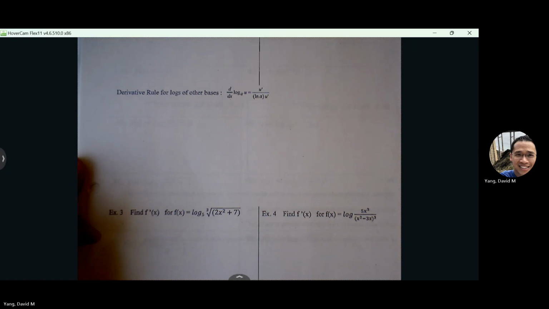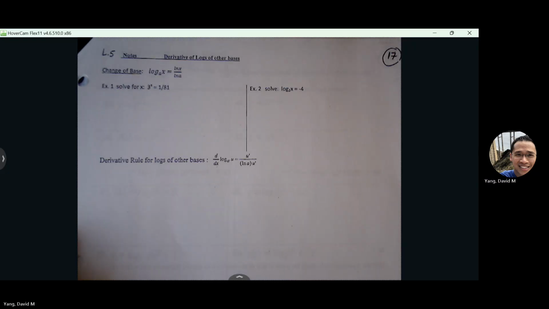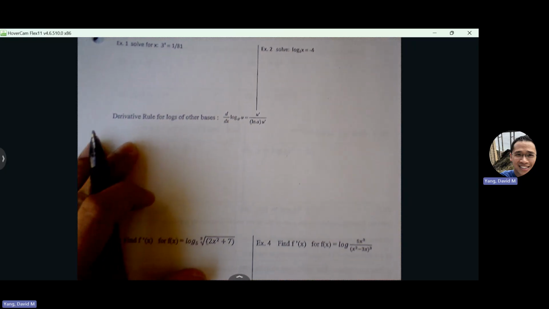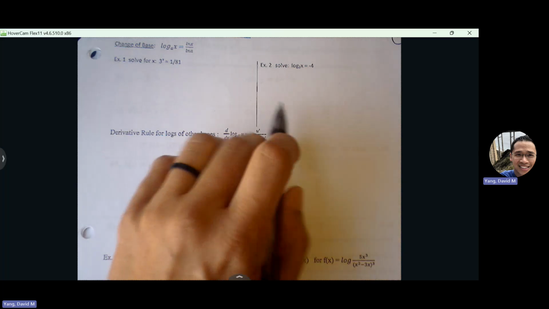All right, page 17. I'm just going to move directly into the derivative rule here. So I'm going to skip the change of base here.